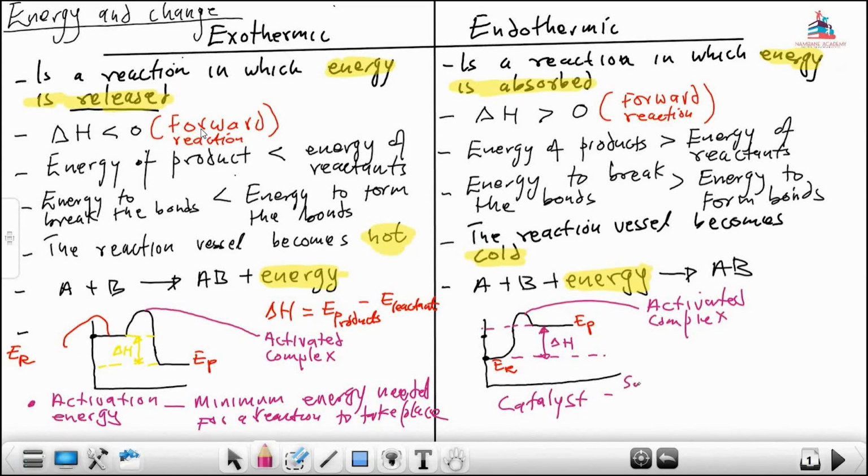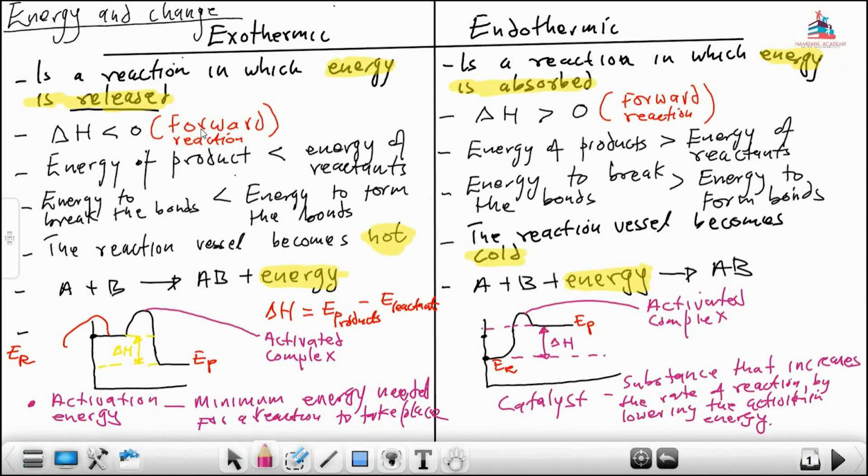So it's a substance, keyword also, substance that increases the rate of reaction by lowering the activation energy. That is now also very, very important.